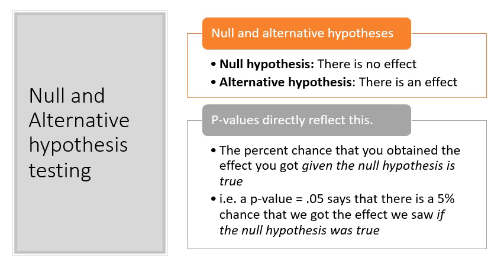So let me say that again. A p-value of 0.05 says that there is a 5% chance that we got the effect we saw if the null hypothesis was true, which is stating that if there really was no effect, there's a 5% chance that we got this effect from that.